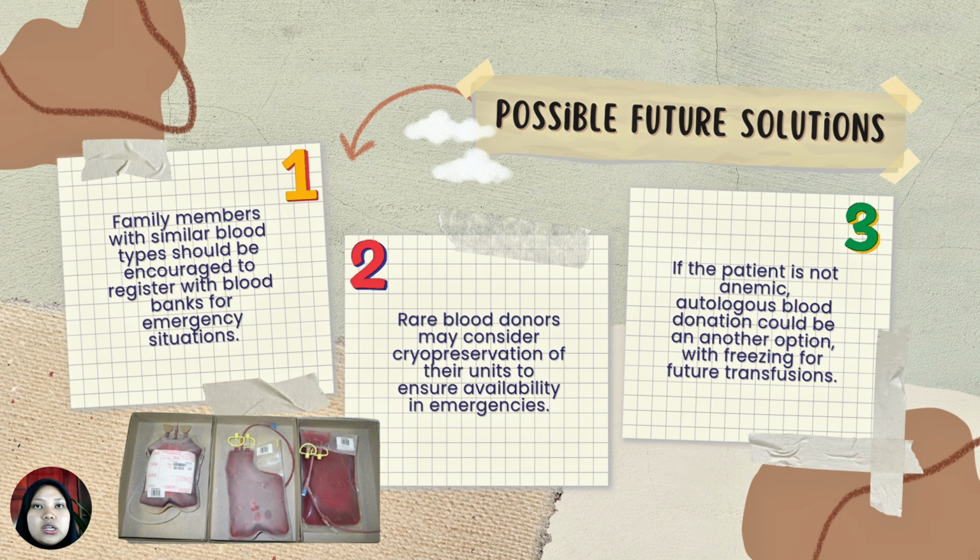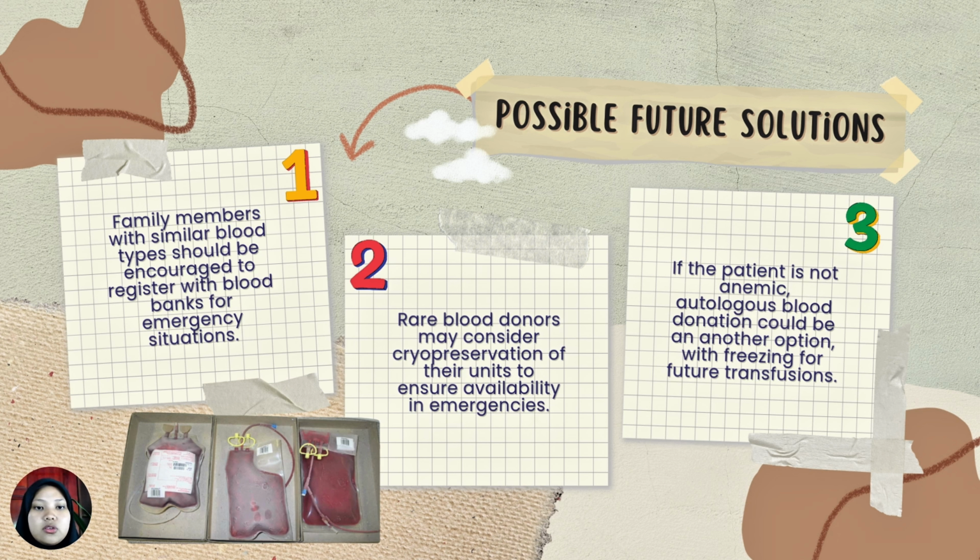Yang mana jika recipient memerlukan blood tu lagi, blood bank akan terus contact the family members untuk derma darah lah. Sebab itulah kena register supaya senang untuk contact in case ada emergency ke apa kan.